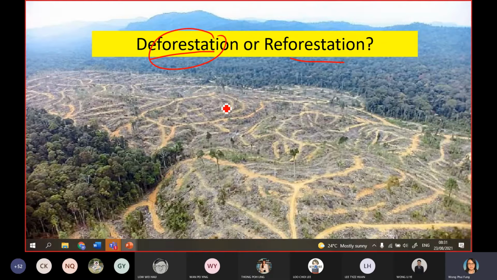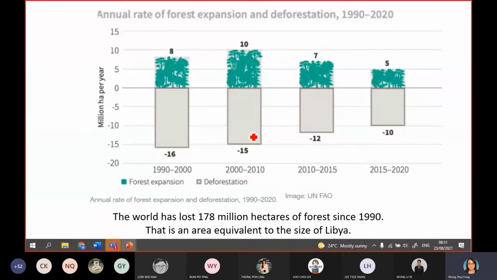The question is about deforestation or reforestation. Okay? So if you can see this figure, the green one is the forest expansion. The gray one is the deforestation. So meaning to say that we clear away the forest, but the green one is we build back the forest.